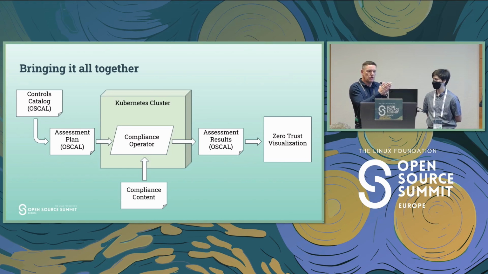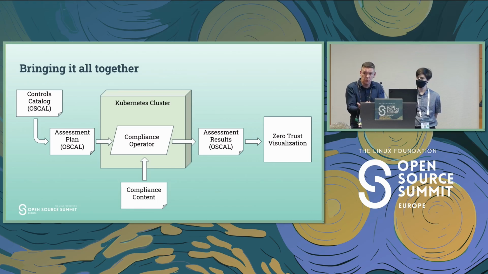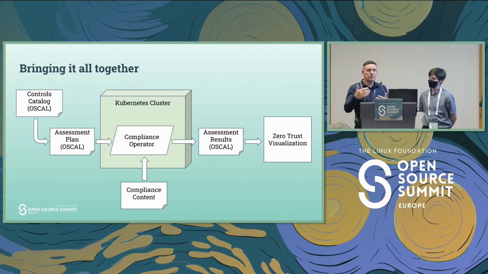One, using a profile from a controls catalog, we can configure the posture we want the system to have, and we can also automate the generation of an assessment plan. That gives the person that wants to start assessing a system a starting point and a plan for all the automatable pieces of assessing that can then be executed on a deployed system.